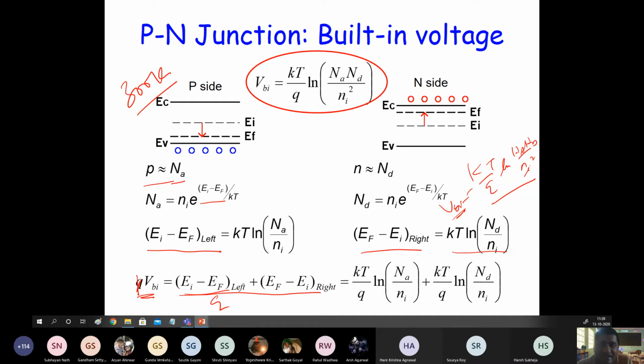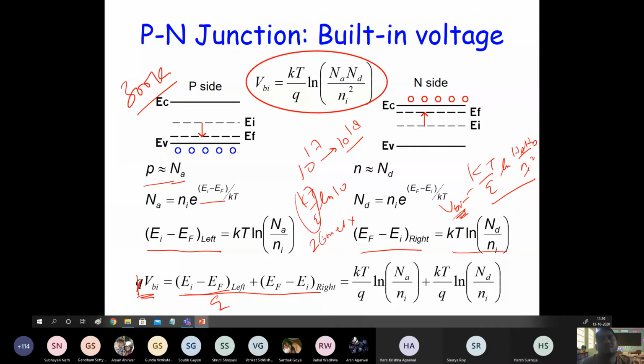So let's say we change the doping from 10 raised to power 17 to 10 raised to power 18. So this will change by a factor of 10. You can take this factor of 10 out and just write plus log 10, right? So if you change by 10, how much will VBI change? VBI will change by KT by Q log of 10. Now KT by Q is 26 millielectron volt times log of 10.